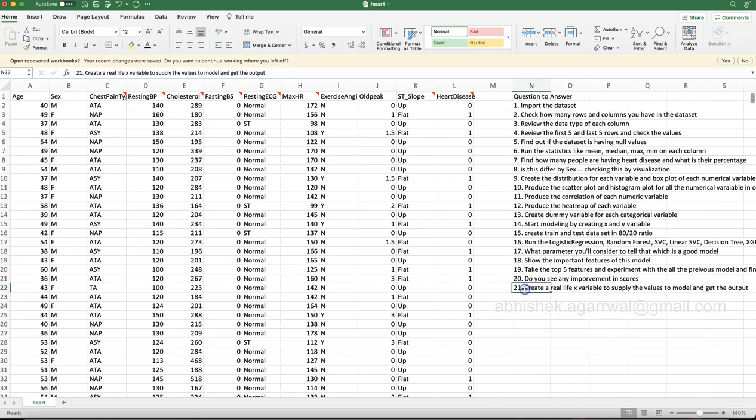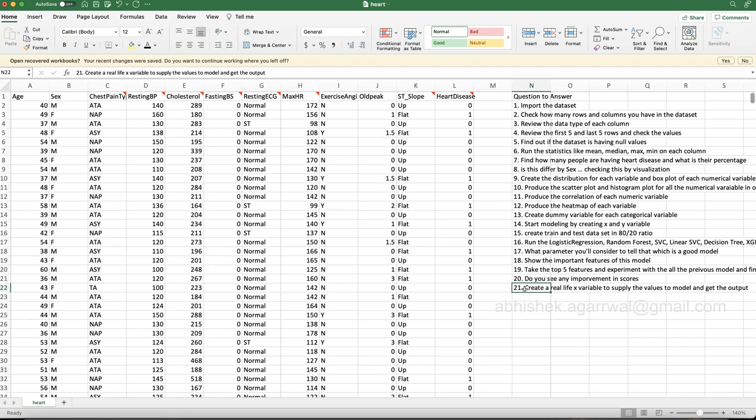Based on this step number 21, if you are someone who has developed a Flask application or Django application, or there are other interfaces like Shiny or Dash. Shiny is basically for R, but Dash is in Python. If you're creating dashboard applications with the help of those, you can simply take inputs from the user, let's say in a web application, and create an output.